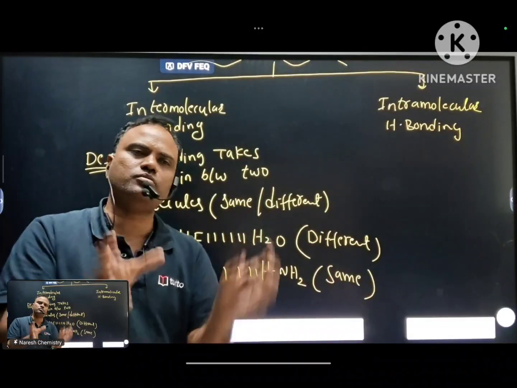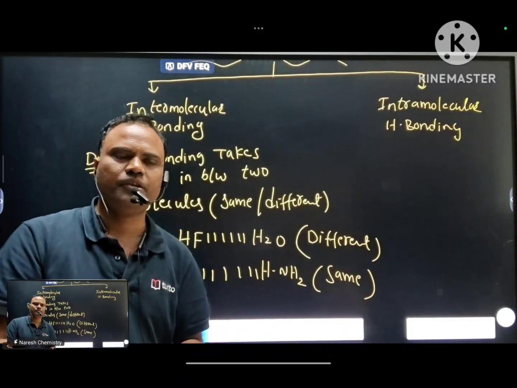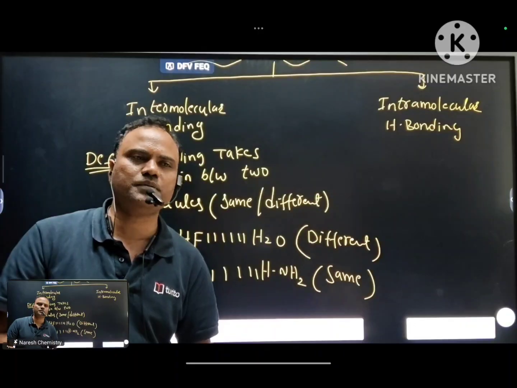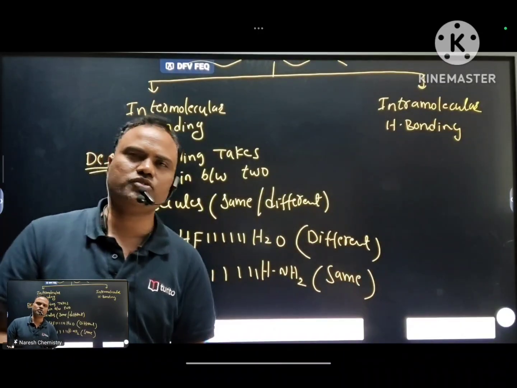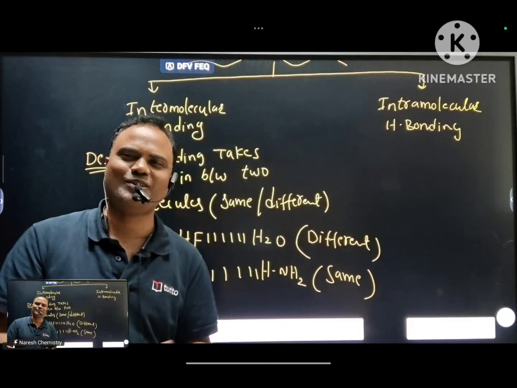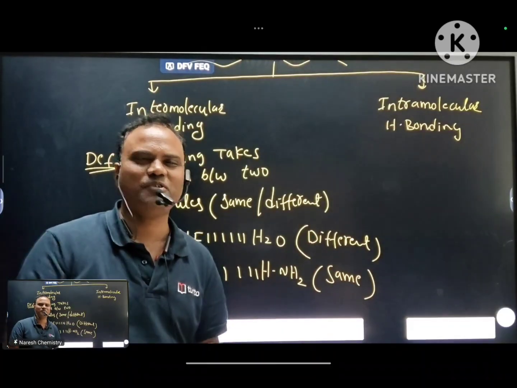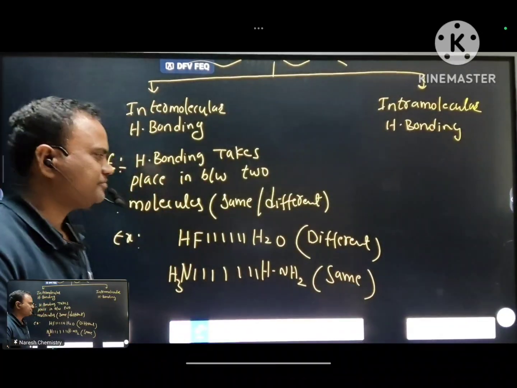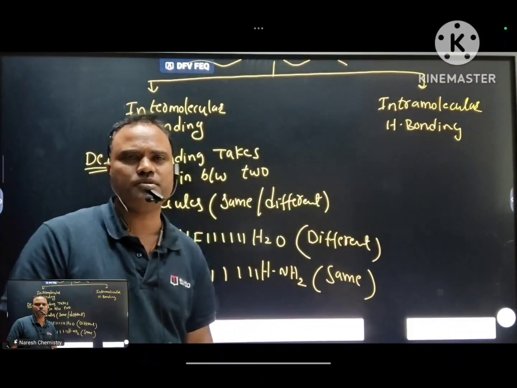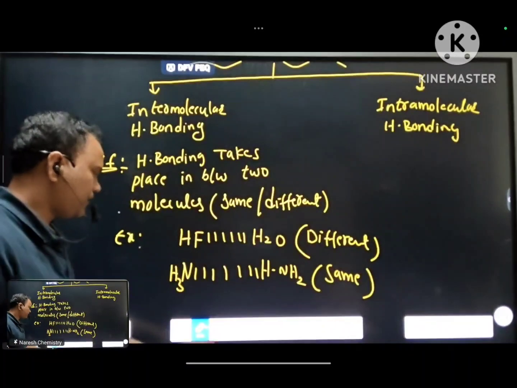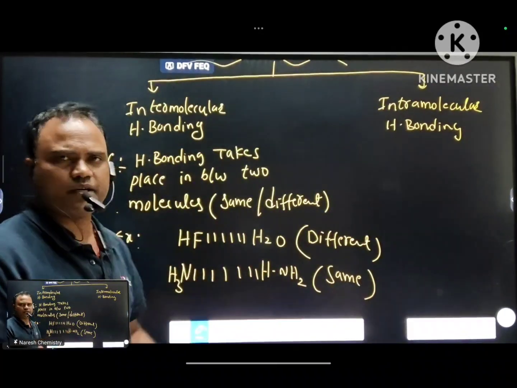In water, inter. In ammonia, inter. In HF, inter. In CH4, no hydrogen bonding. Examples list is very important; several times examples came in the exam. I'll give the list separately.